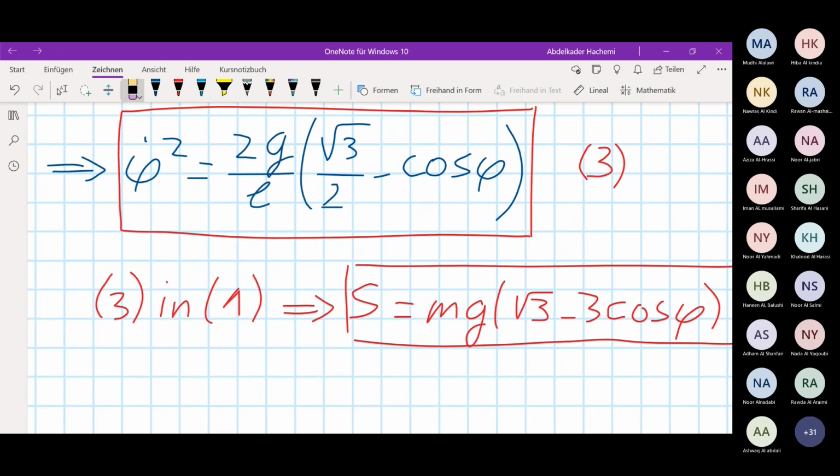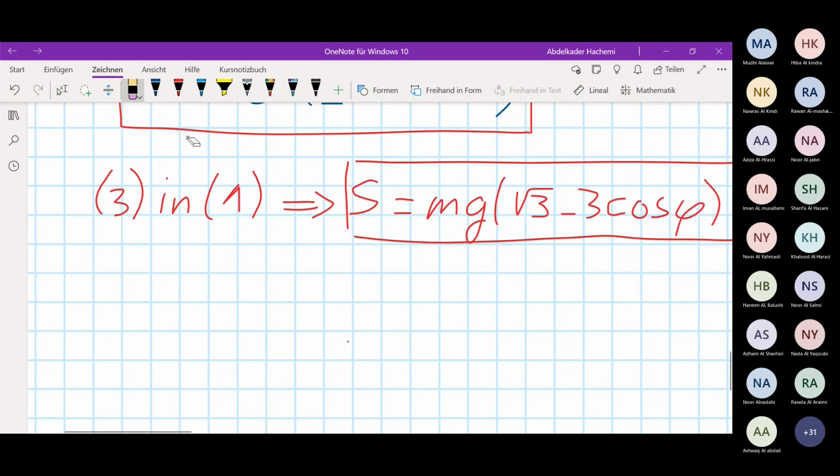Now we look at the second case. It is asked here for the extreme value of the rod force. Extreme value means in magnitude, the maximum value. To look for the maximum of any parameter, the derivation of this parameter with respect to the variable must be equal to 0.